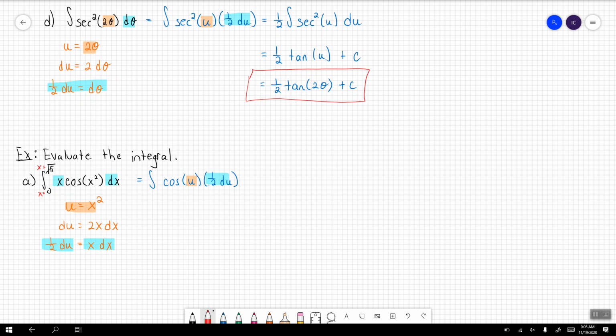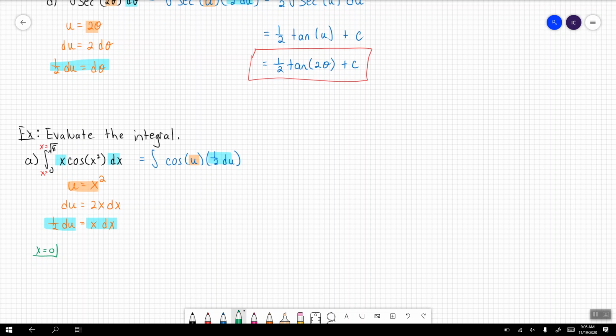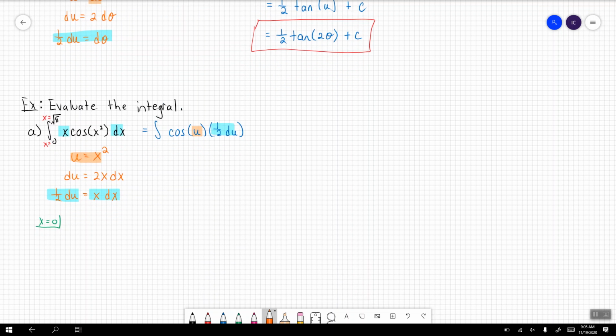In order to do that, we then need to identify the lower limits going through this substitution. So I'm going to extract that lower limit first. So that lower limit, x is equal to 0. If x is equal to 0, I'm going to use the substitution, u is equal to x squared.